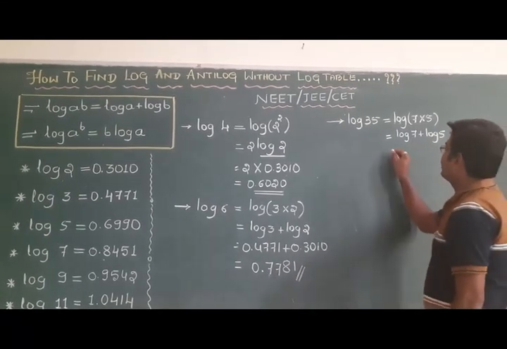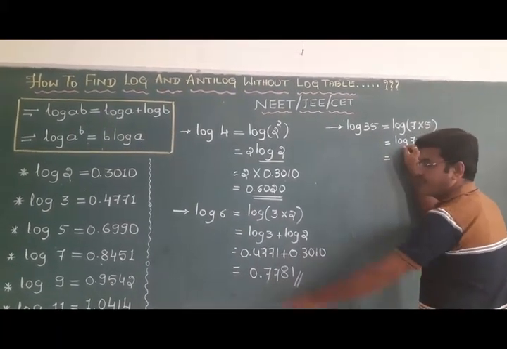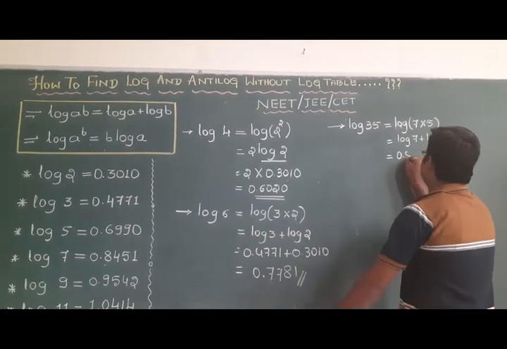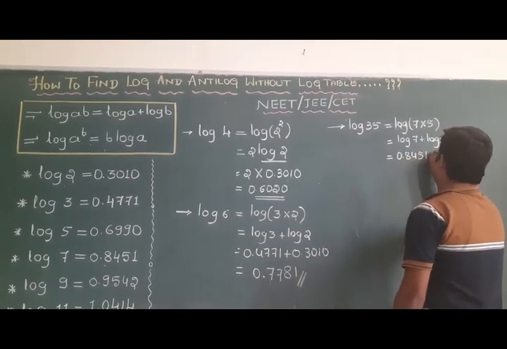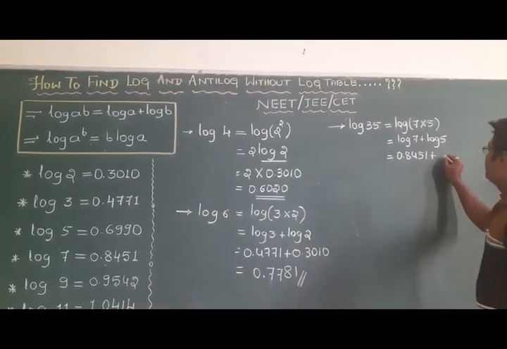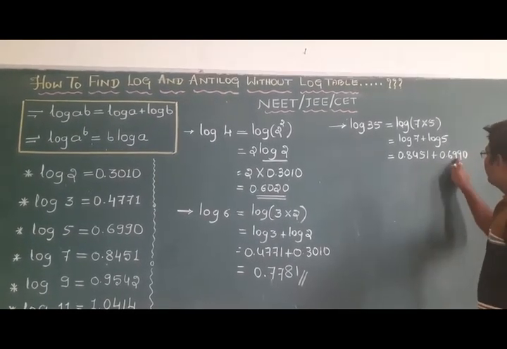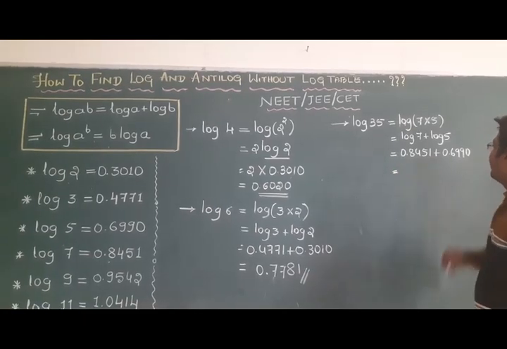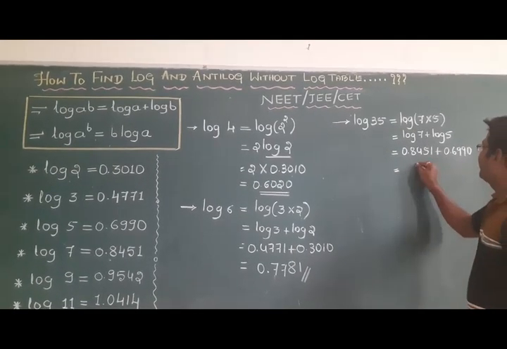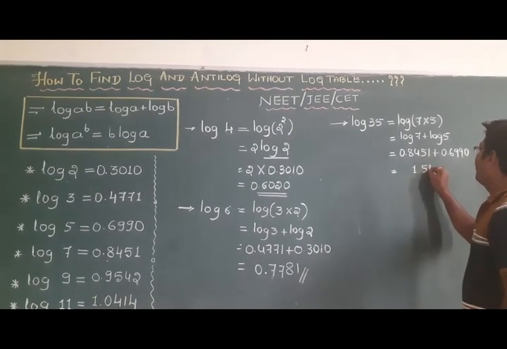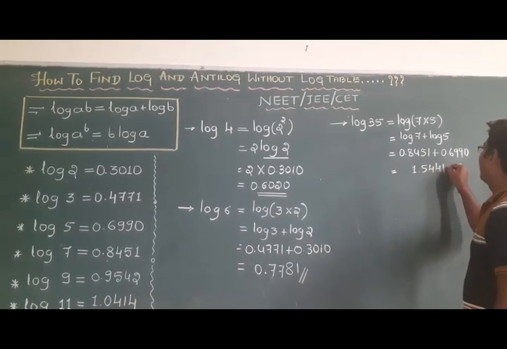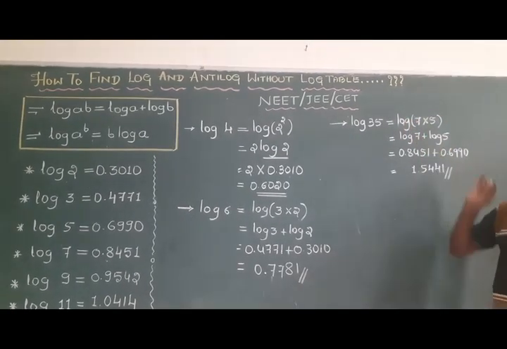Log 7 equals 0.8451 plus log 5 equals 0.6990. If you add these two values, you will get the final answer, 1.5441. So this is the value of log 35.